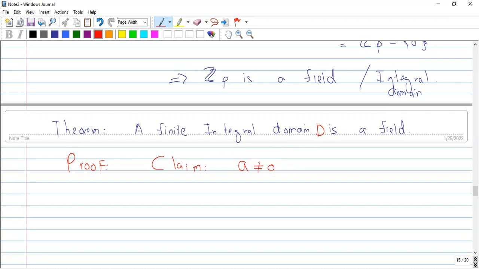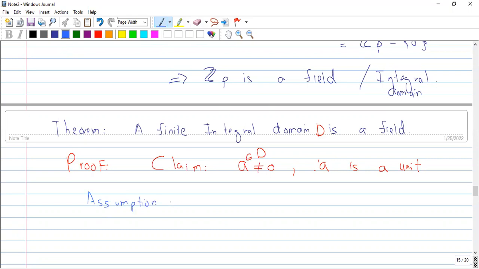Whenever I take a non-zero element from D, what do I need to show if I want to show that D is a field? This is my claim: any non-zero element is a unit. So A is a unit. And what is my assumption?